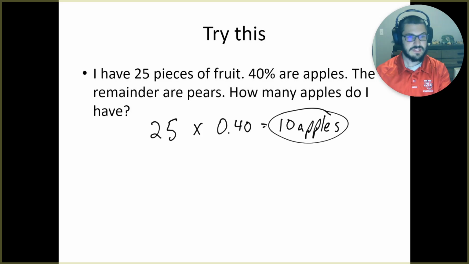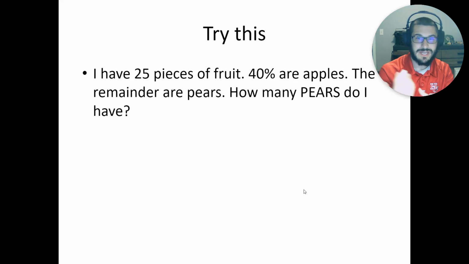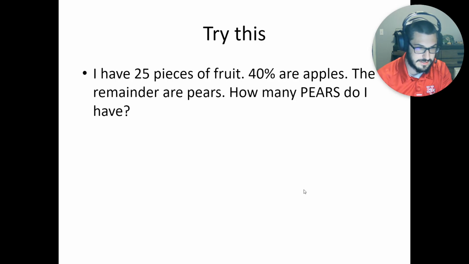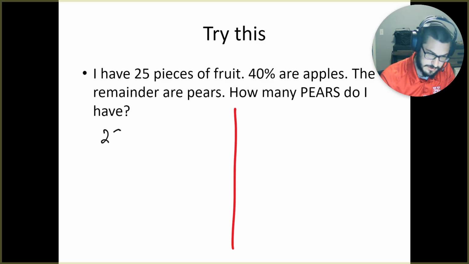Okay. Then if we ask how many pears do I have, there are two ways to go about this. You can do 25 times 0.40, which gives me 10 apples.